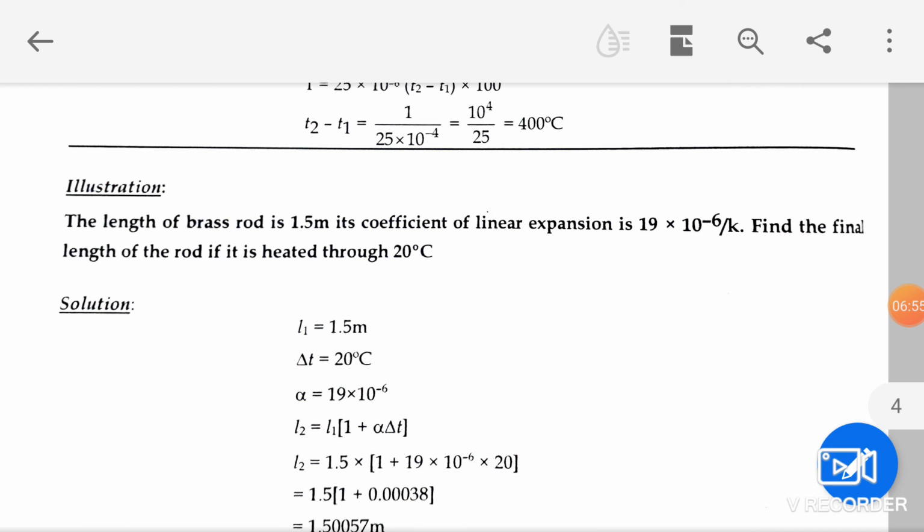So you use the formula L2 is equal to L1 (1 plus alpha delta T). All the values are given. Putting in the values of L1, alpha and delta T, you will get 1.50057 meter. That is the final length after heating by 20 degrees centigrade. So that was all about thermal expansion.